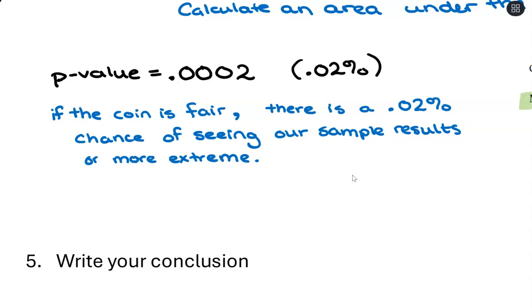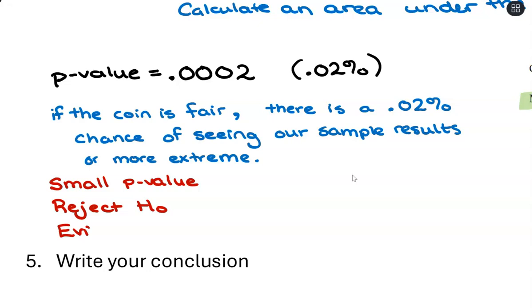Almost 0% chance of occurring. So what we're seeing here is a very small p-value, which means if there's such a low probability, I don't think this coin is fair. That's statistically significant. So this is where we reject the null, and we have found statistically significant evidence for the alternative.